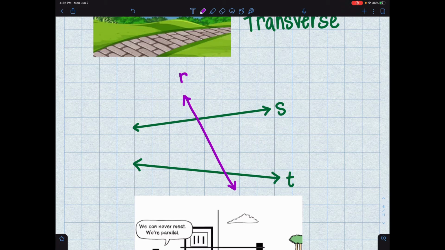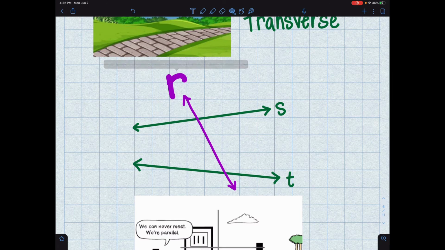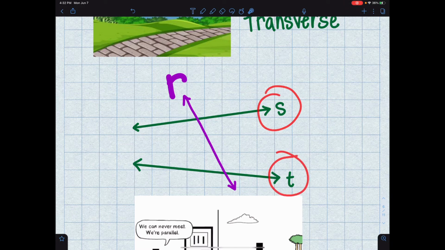Okay, so this is line R. This is line R. Okay, and this is line S, and this is line T. So line R is the transversal of lines S and T because it cuts across both of those. It intersects them.